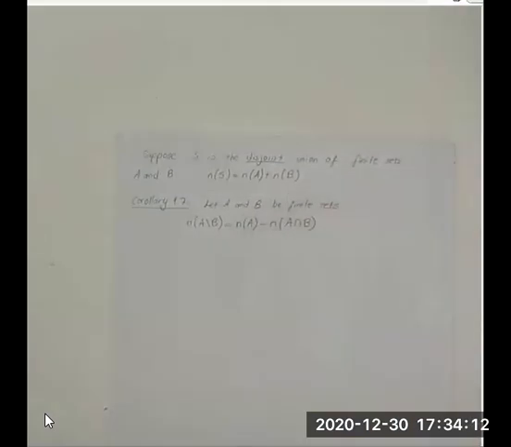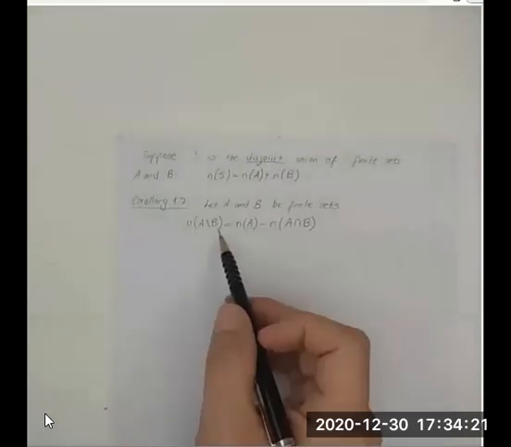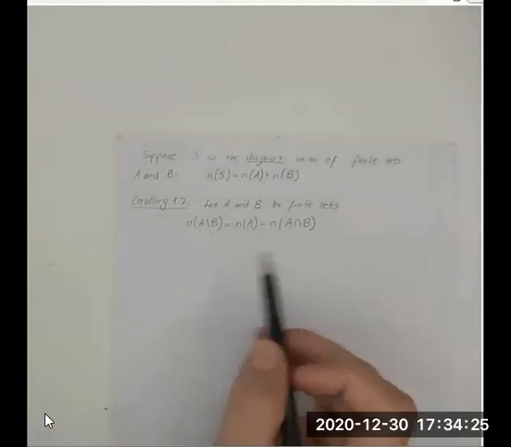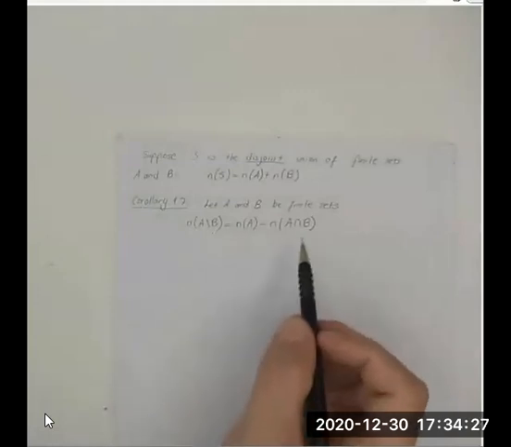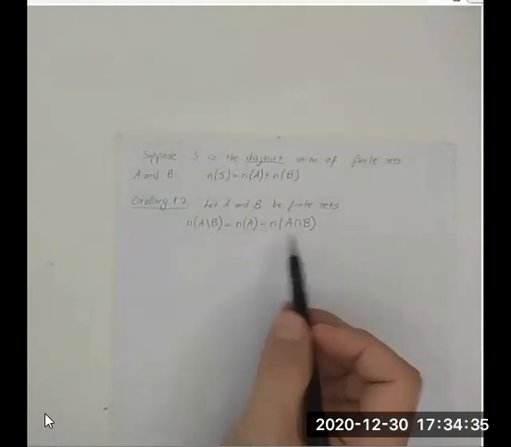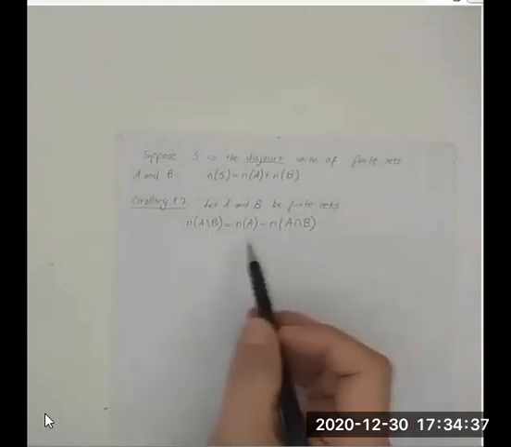We have two finite sets, A and B, and I'm looking for the number of elements of A difference B. It means if there's an intersection between A and B, I subtract the number of A intersection B from the number of A.